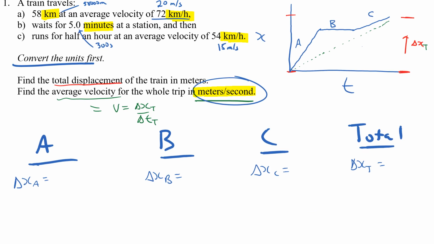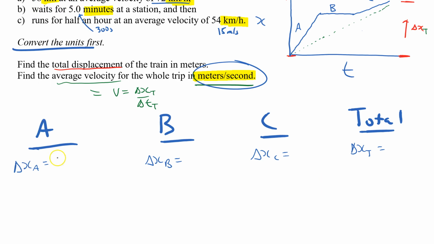Okay, so the first one says a train travels, well, there we are, 58,000 meters. So that one's done already. Part B, well, it's not moving, it's waiting, so this will be 0 meters. And then part C, this is the one we have to work for a little bit.